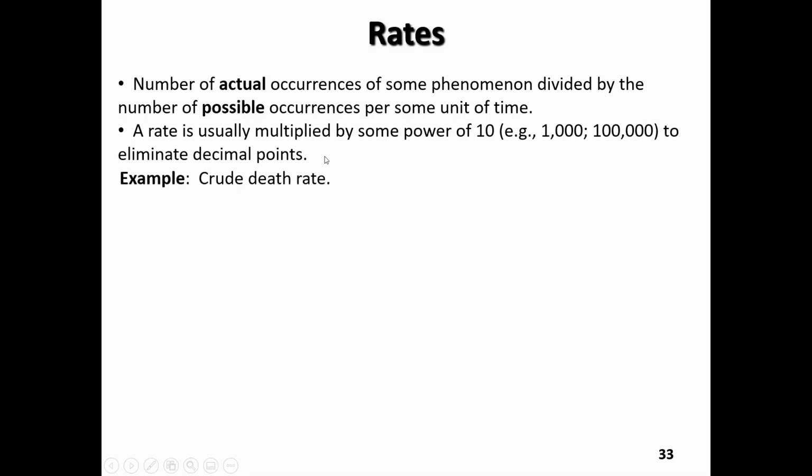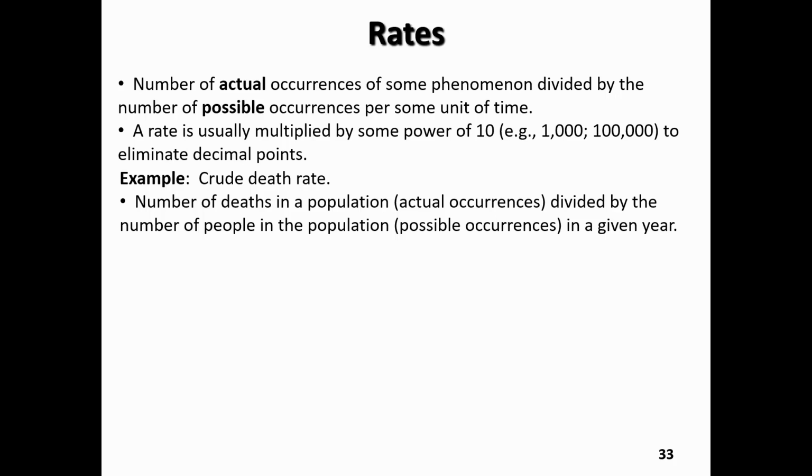One example is computing the crude death rate, and that's the death rate from all causes. And so in order to calculate this rate, the number of deaths, the raw number, or the absolute number of deaths in a population, which are the actual occurrences, are divided by the total number of people within that population.